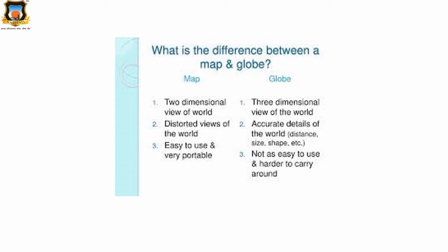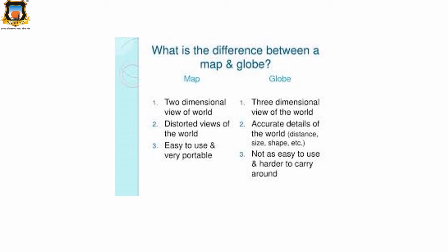Yes. Then in the map, we can see the distorted views of the world. Means what? We can see the world map. If you have to learn about any special continent, you can have the map of that continent.